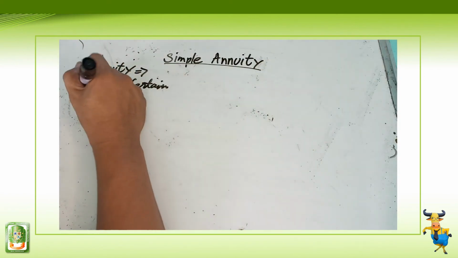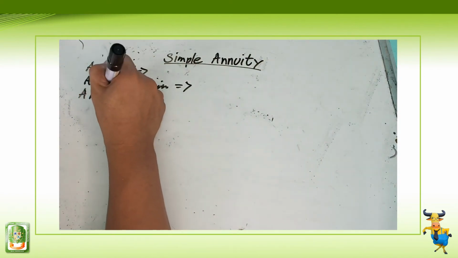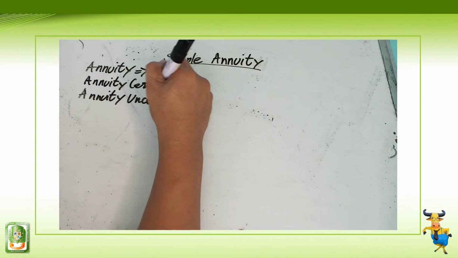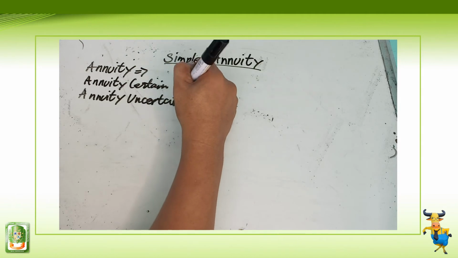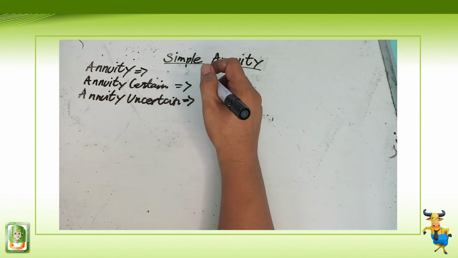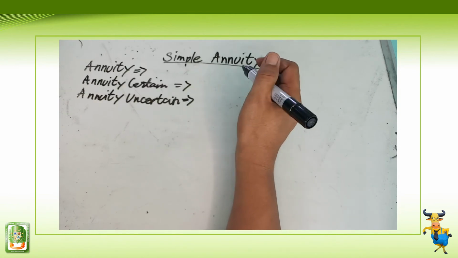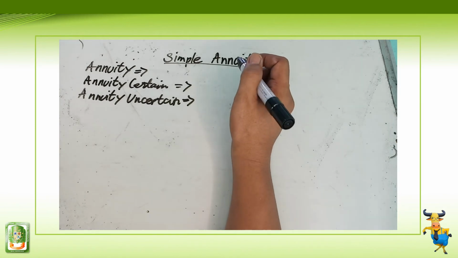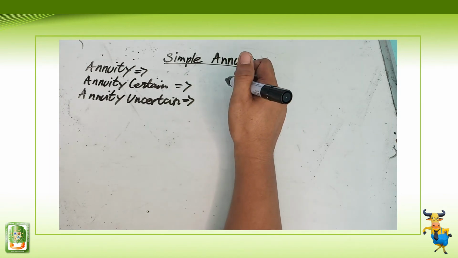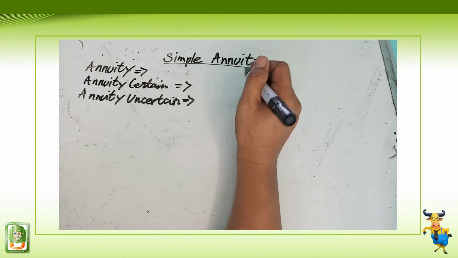What is annuity uncertain? Annuity uncertain, it is annuity payable for an indefinite duration. Example, the insurance, dependent on some certain event.